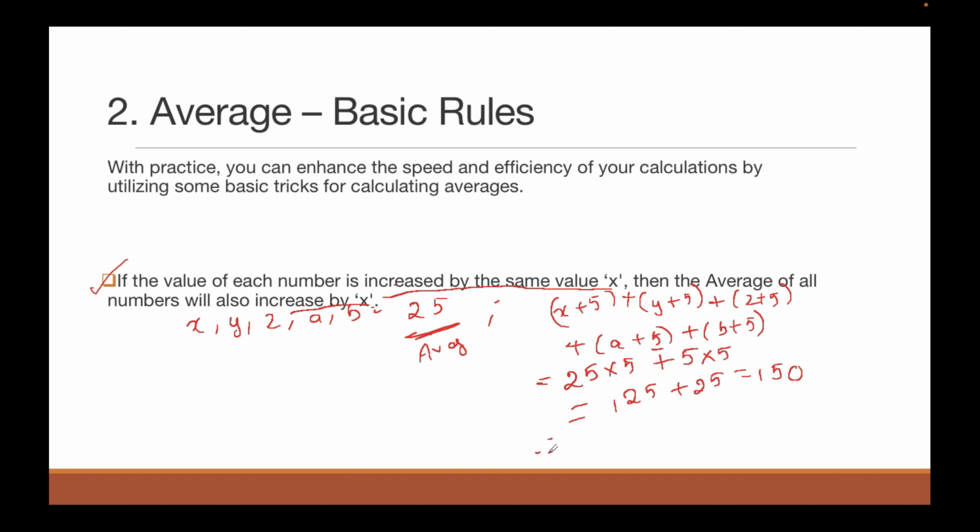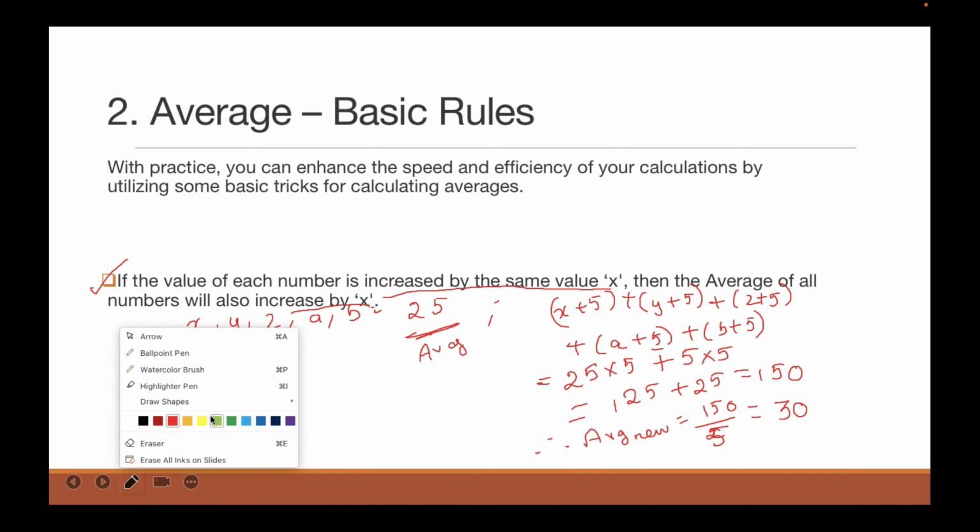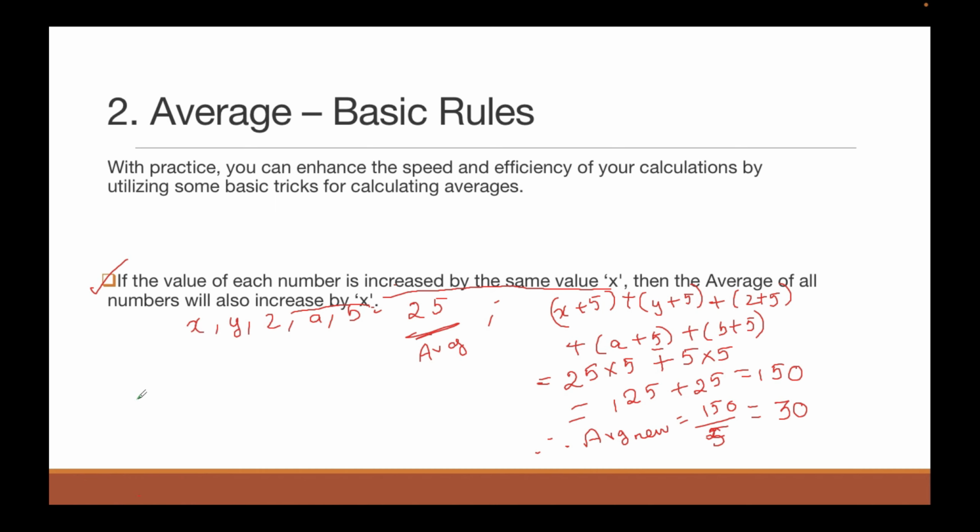Therefore, average new equal to 150 by 5, that is equal to 30. Instead of doing all this, what we can do is simply write 25 plus the value by which each of these numbers is getting increased.